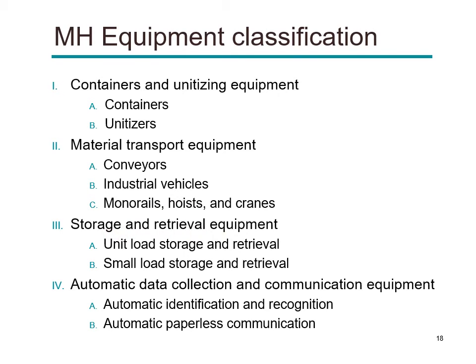Storage and retrieval equipment, which can be either unit load or small load storage and retrieval. And also automatic data collection and communication equipment, so automatic identification and recognition, RFID tags or barcodes, and automatic paperless communication systems. These are the basic classification of the material handling equipments, and as I said, we will talk about these in detail and see examples later on.